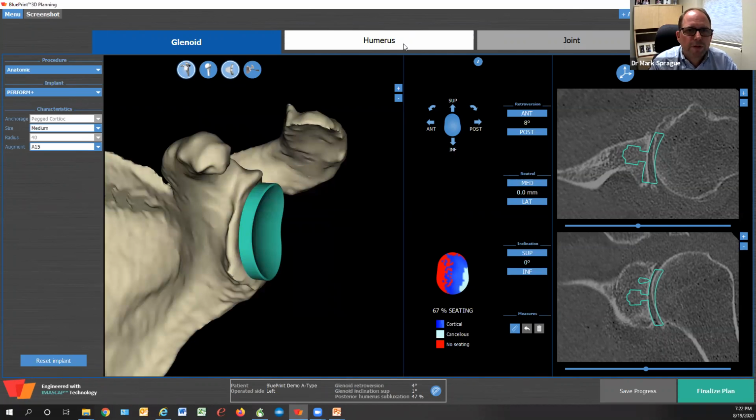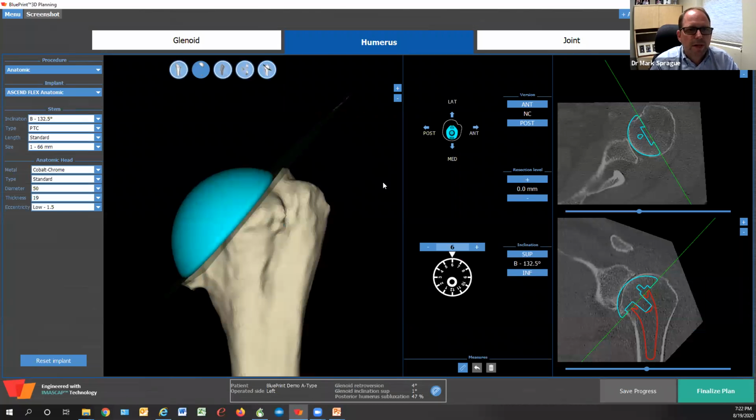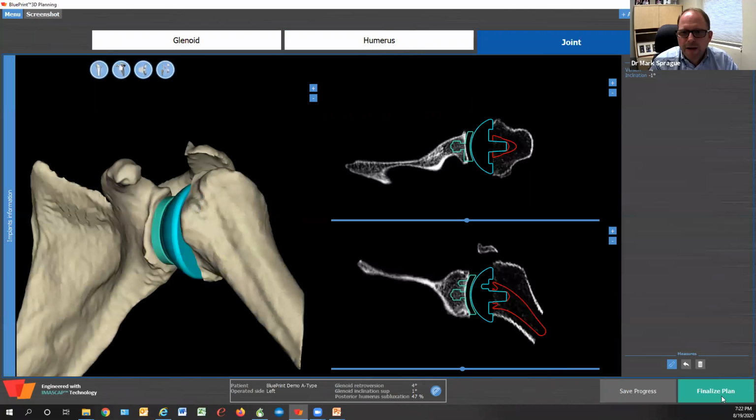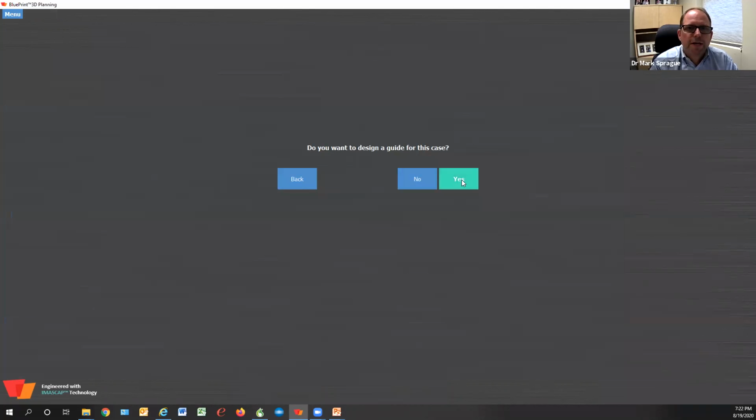I can move over to the humerus side for the patient, and I can select the right size humeral head. I can put the humeral head where I think it needs to go. And then with this technology, I can actually range the joint, see what it looks like, check it, and then we can finalize the plan, and I can generate a guide.